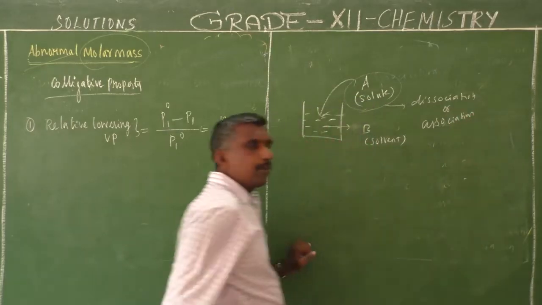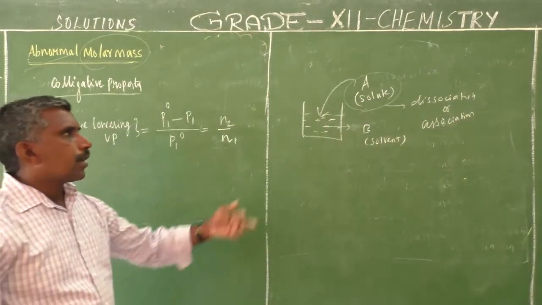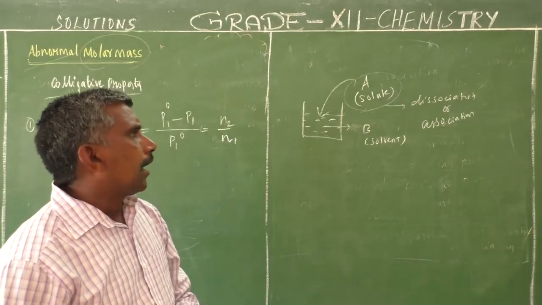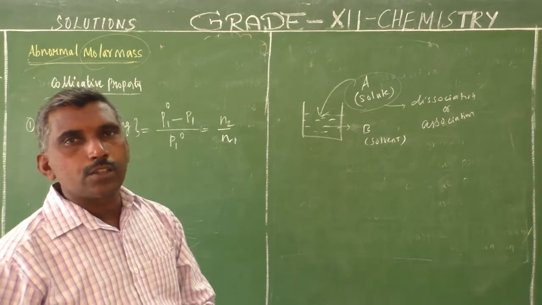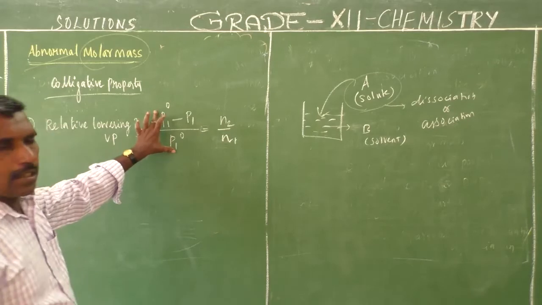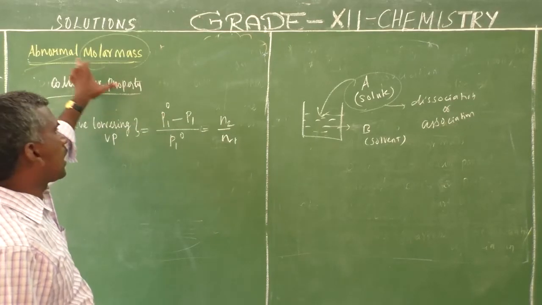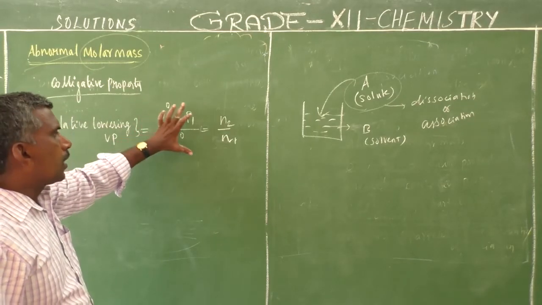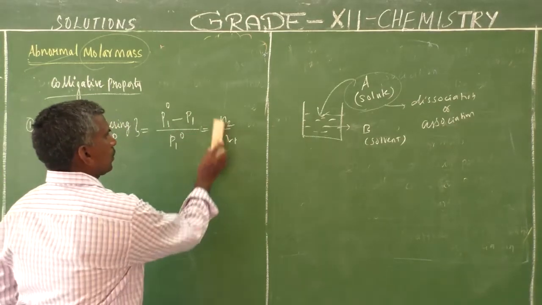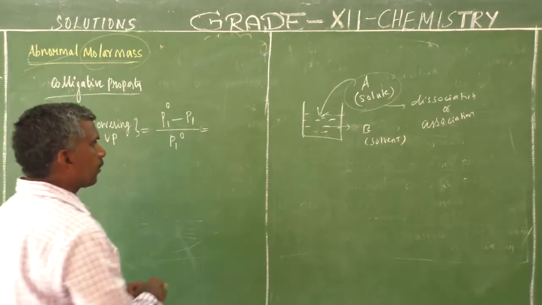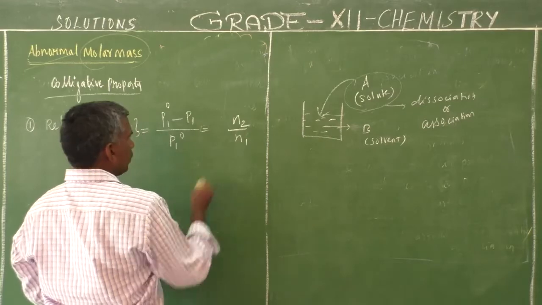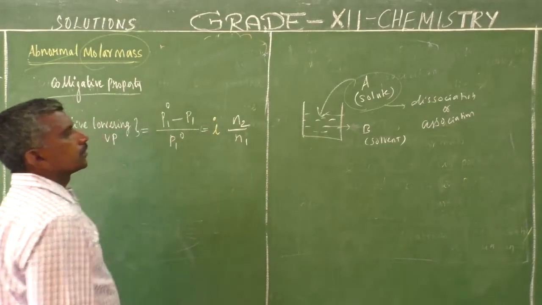But van't Hoff considered that when a solute is dissolved in water, there may be dissociation or association. So one correction is there. The previous formula does not consider abnormal molar mass. Now only one simple correction for this formula: you include the i factor, that is N2 by N1 times the i value.